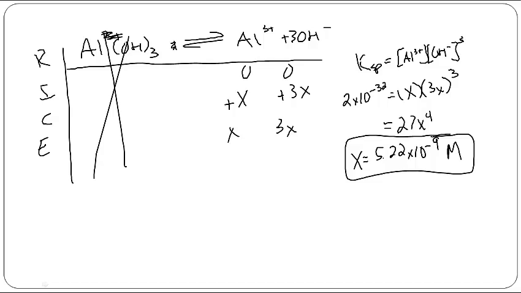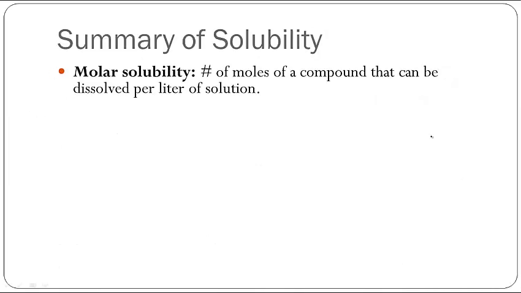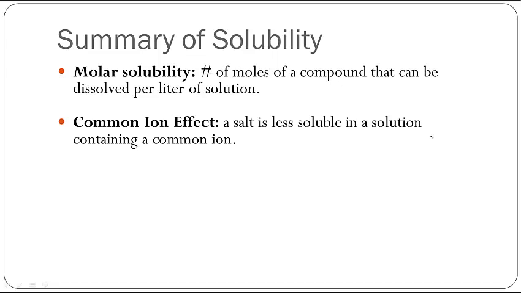Okay, summary of solubility. Molar solubility. Number of moles of a compound that can be dissolved per liter. Straightforward. Common ion effect. This is what I was just reminding you guys about. A salt is less soluble in a solution containing a common ion. So what you'll see a lot is something like putting silver chloride into salt water.